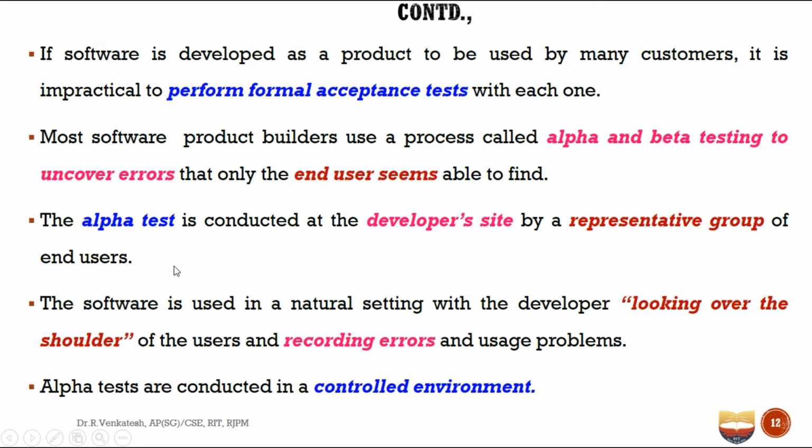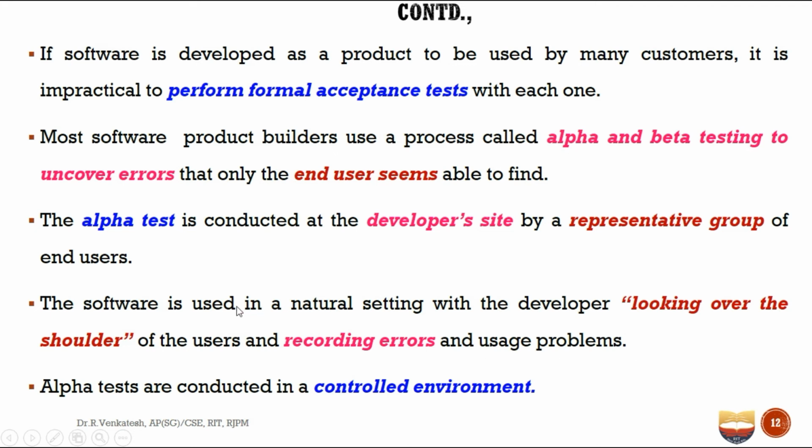The developer should not test the product; the end user tests the product using their own knowledge, and the developer provides guidance. The software is used in a natural setting with the developer looking over the shoulder of the users and recording errors and usage problems.